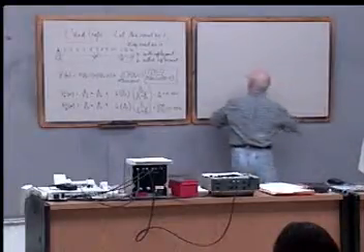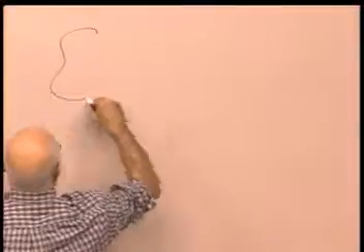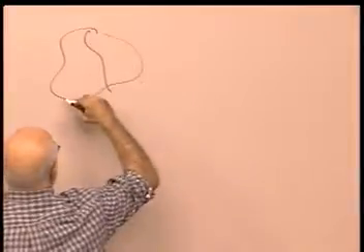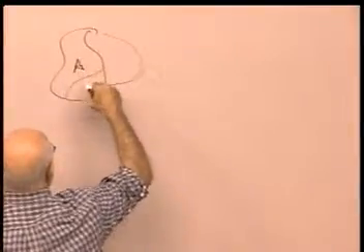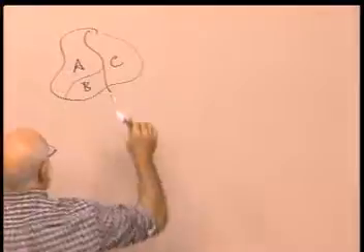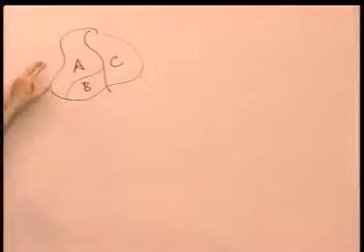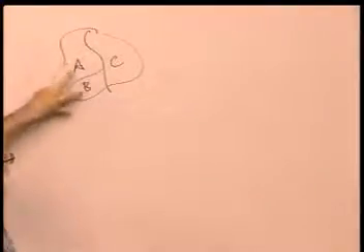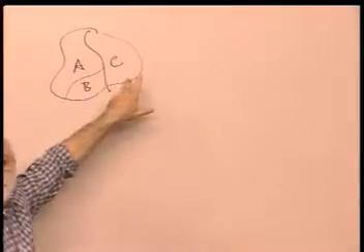This is what's done in the book. We've got this sample space, and we've got a partition into events A, B, and C. What we're saying is that we're only concerned with two of these, and C is everything else.